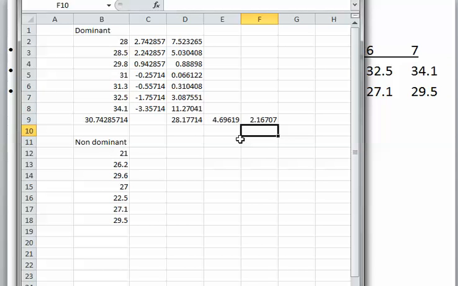And so now I've got my standard deviation, but I still need to work out the standard error and 95% confidence limit.